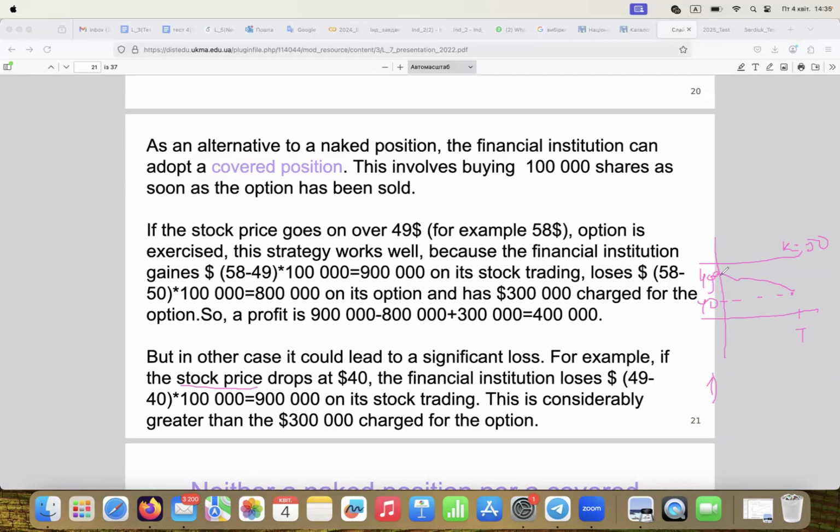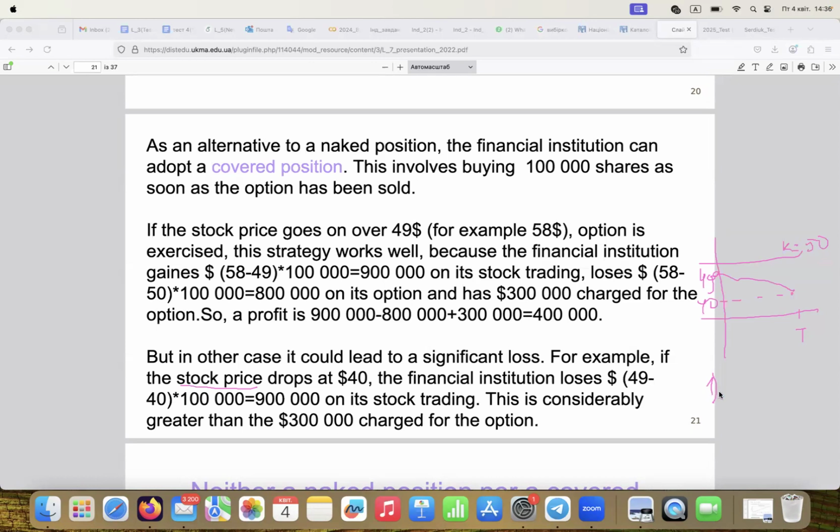But the initial price... It's a profit because we sell. No, for us, because we sell. But now I ask you about the stock, because now it's a covered position. Yes, in stock it's a loss.